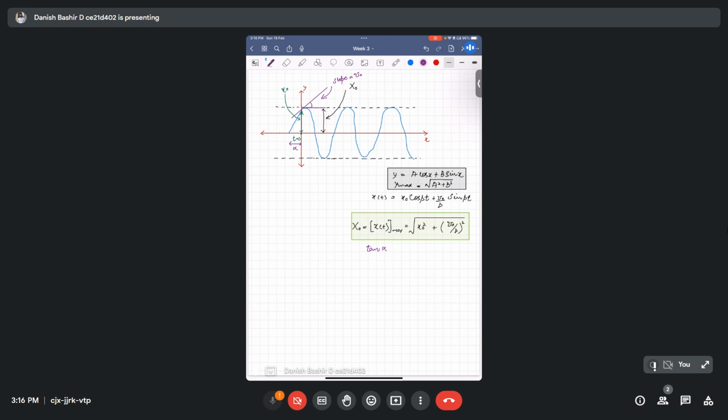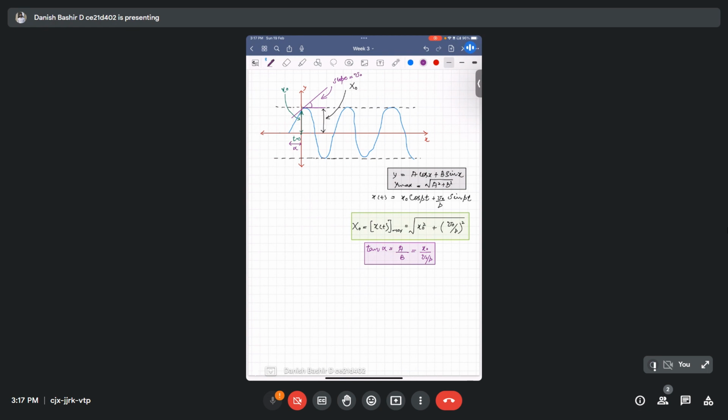Our a is x naught, so tan alpha equals x naught by b.